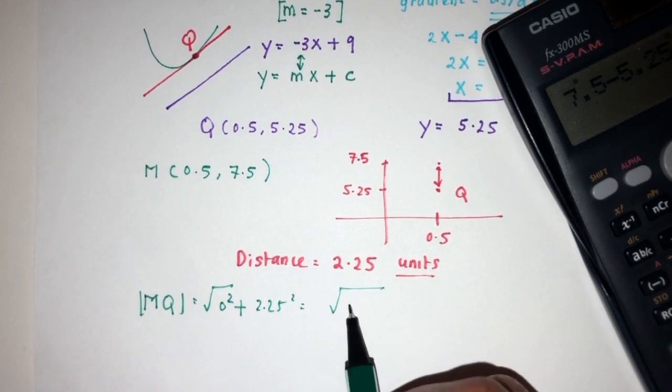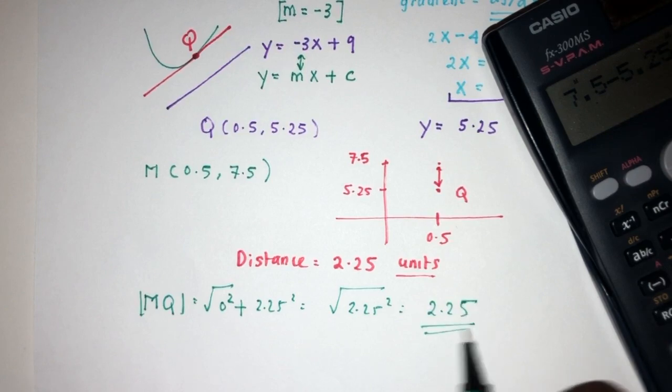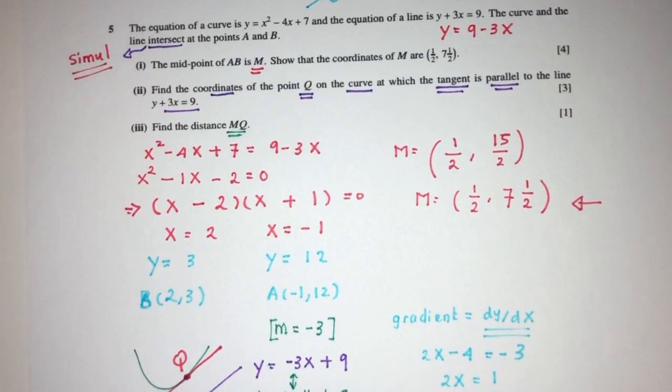That will be simply the root of 2.25 squared. That should be 2.25 as your answer. Okay, that will be this question that we have in relation to quadratics.